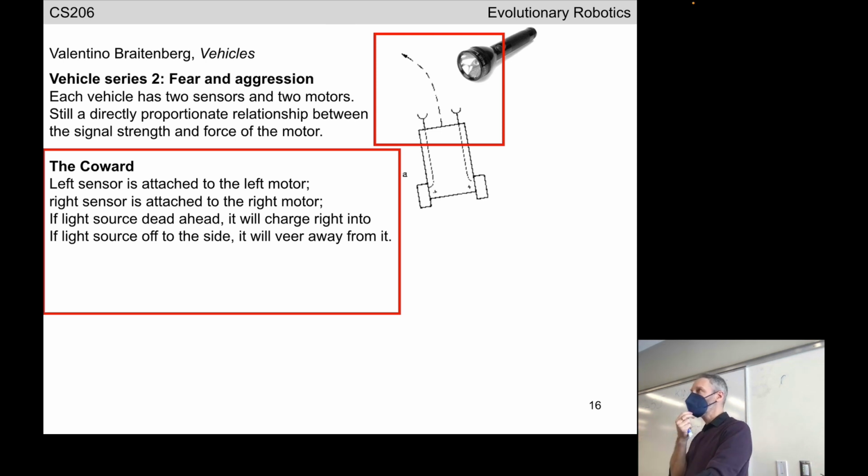I told you last week, the Greek philosopher Heraclitus said, man never enters the same river twice. We live in the real world. Now, you're going to be building robots in a platonic world, a virtual world where things can be perfect. It's never true, right? So in the real world, that would never happen. There'd be a slight difference that would cause it to turn to the left or the right, and then it would run away as usual.